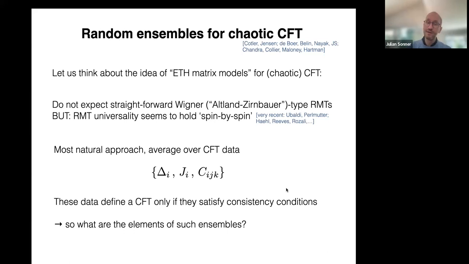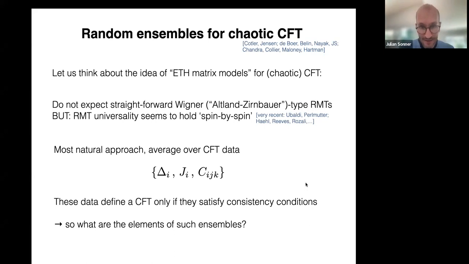So if we just average over this data, which might be the first idea, namely the deltas, the j's, and the C_ijk's, without taking into account that there are some consistency conditions, we're not averaging over CFTs. We're averaging over the data of CFTs.